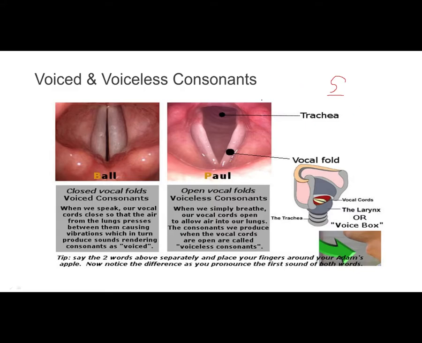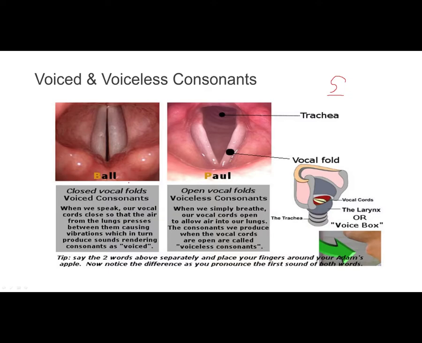But let's take the example of an ah sound. Now that's a vowel, obviously, but you can feel the vibration in your throat, and that means it's voiced. That's the important part: it is voiced. So some consonants are voiced and some are voiceless.